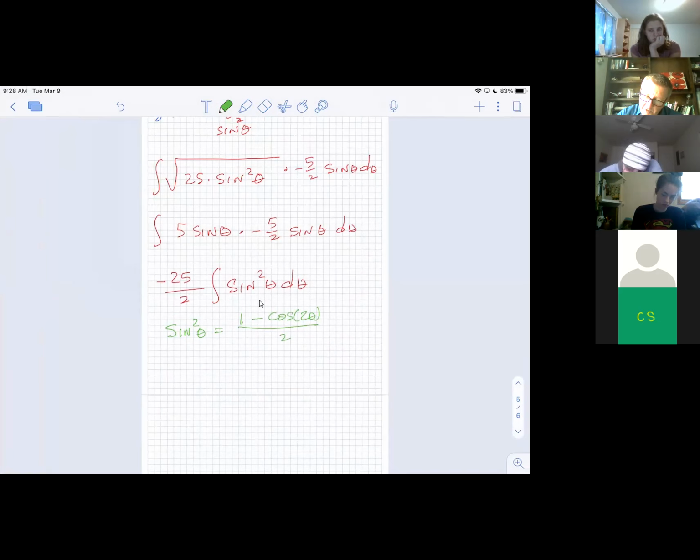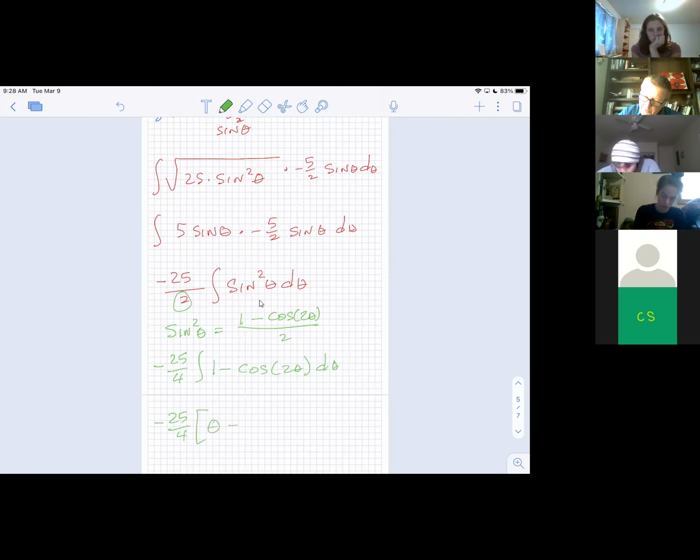So this is a substitution, but it is not changing letters. Do you notice that I made my life a little easier by pulling that 2 out front with this other 2 so that I don't have a fraction? Now I can take the integral of 1 with respect to theta, which is theta.